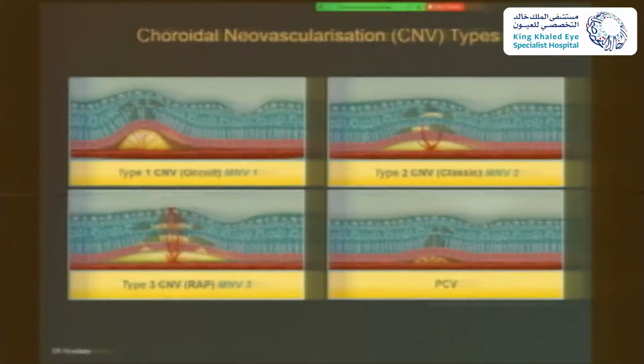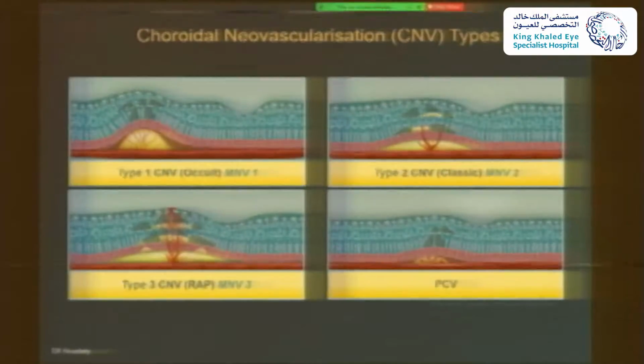Now a type 3 CNV is what we call a RAP, retinal angiomatous proliferation. In this case, the CNV doesn't originate from the choroid. What happens is the CNV actually originates from vessels of the retina which make their way down.